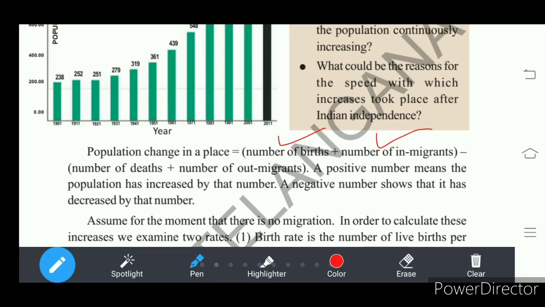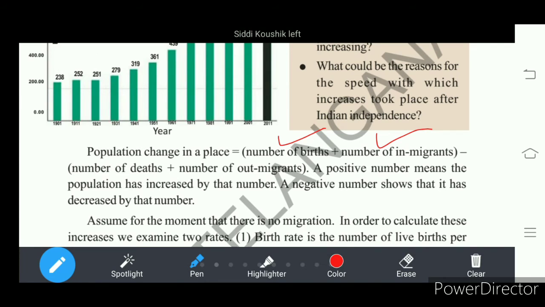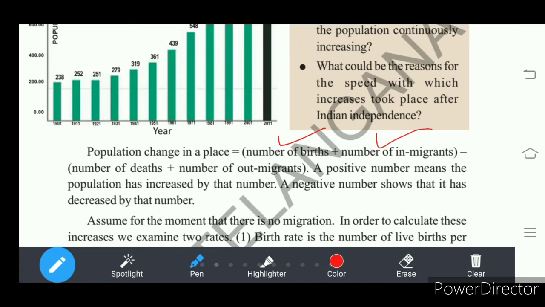That also we have to add. And minus the number of deaths in Telangana. How many people died in Telangana? That should be subtracted. And also the people who migrated from Telangana to Karnataka, Maharashtra, Delhi, that should be subtracted. In such a way, we'll come to know what happened to population change in an area.